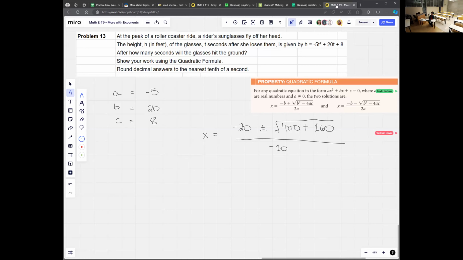But the A itself had a minus sign, so the minus sign and this minus sign become a positive. It throws me off because it's 4 times A times C. So 4 times -5 times 8 is -160, and then when I subtract that, it becomes a positive 160. Oh, okay. All right.